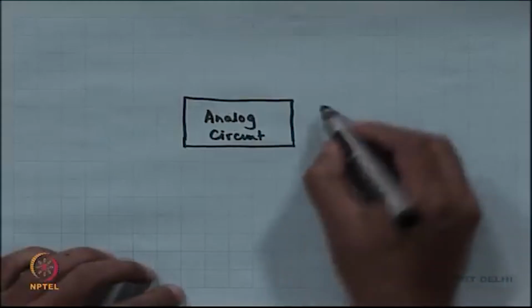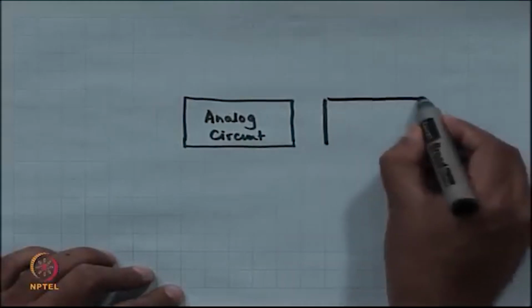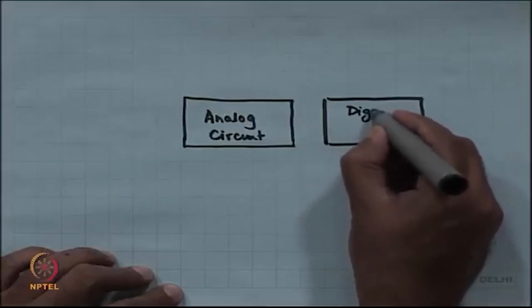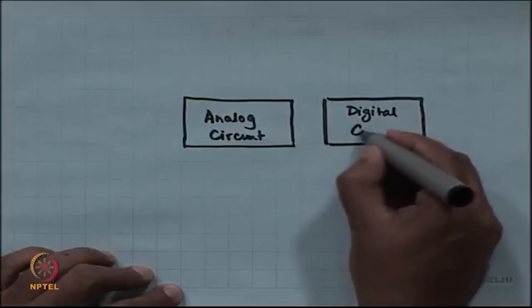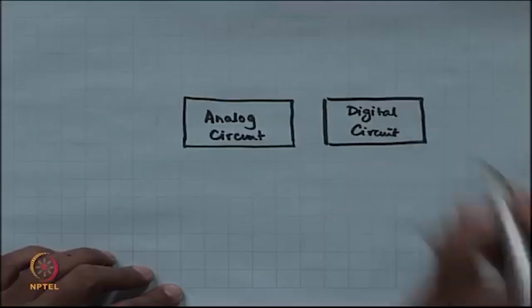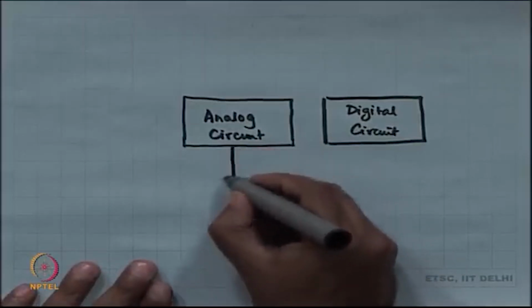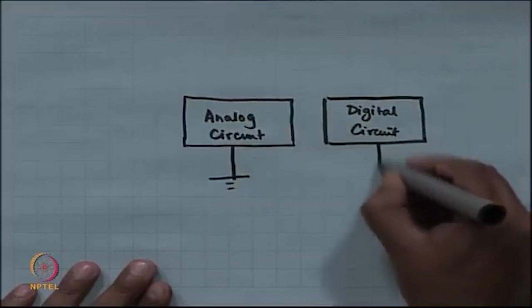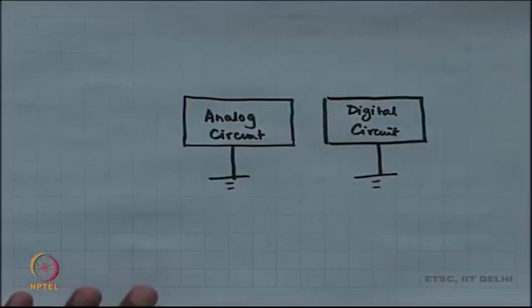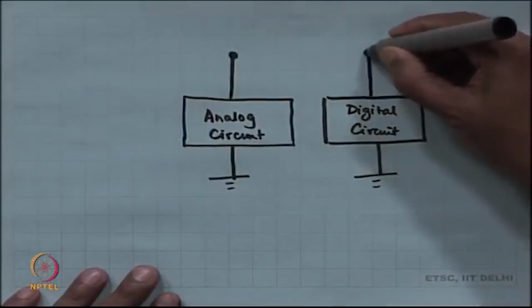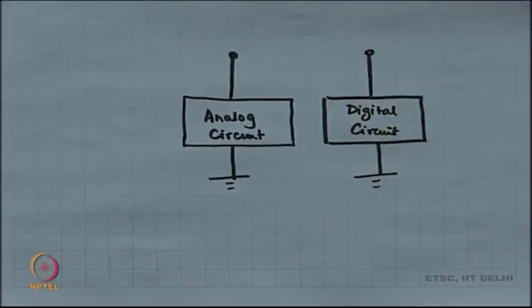I also might have some digital circuits. And these all require power, these all require a power supply. So, on one side they are connected to ground, on the other side I need to connect them to a power source.